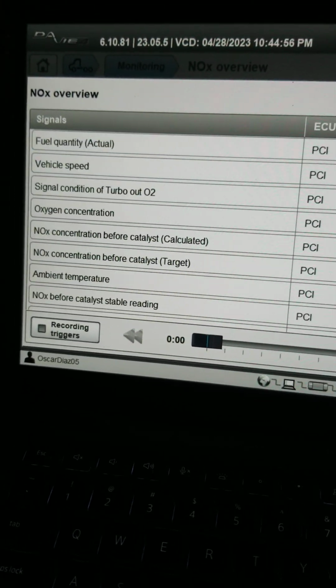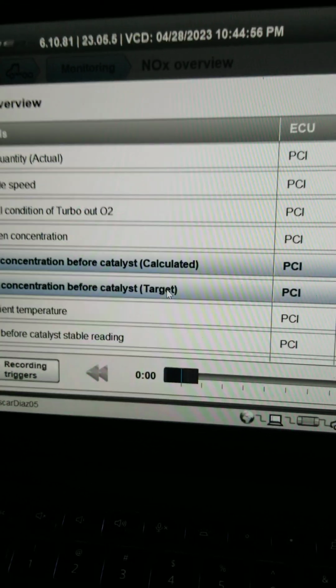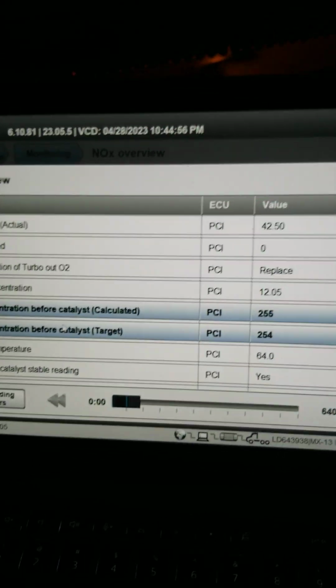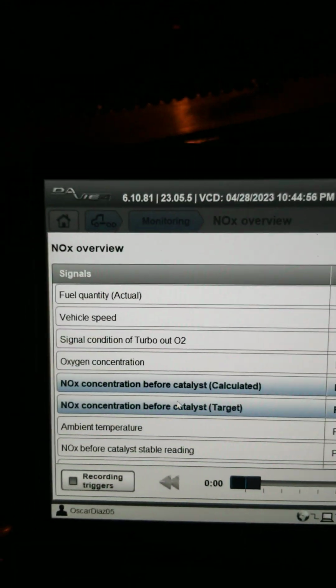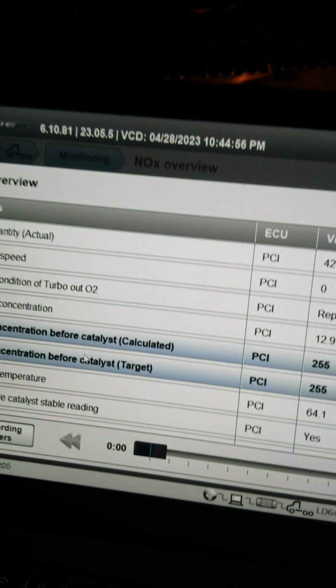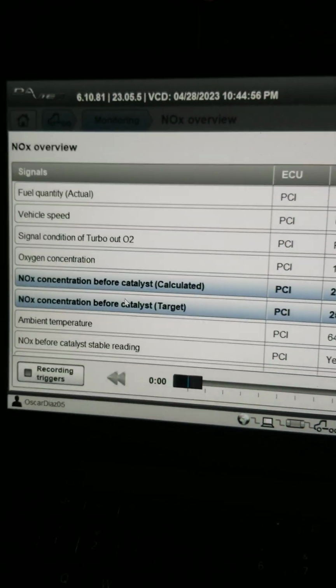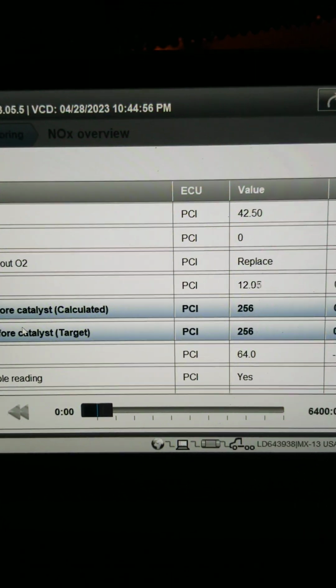And then I always check my NOx before catalyst, which is the NOx sensor before the DPF. Depending on the manufacturer, they call it differently. I think for Freightliner they call it NOx sensor before DPF, something like that. It's been a while since I worked on Freightliner, so I can't remember. I've got to go back into that.